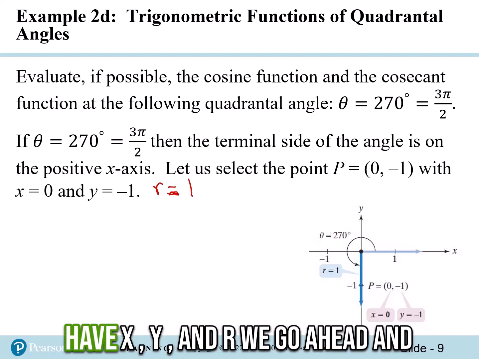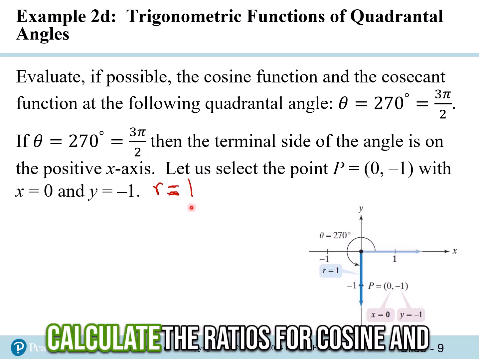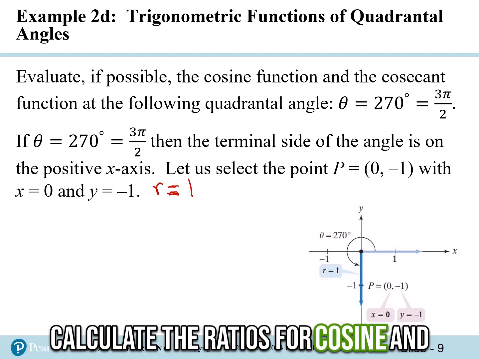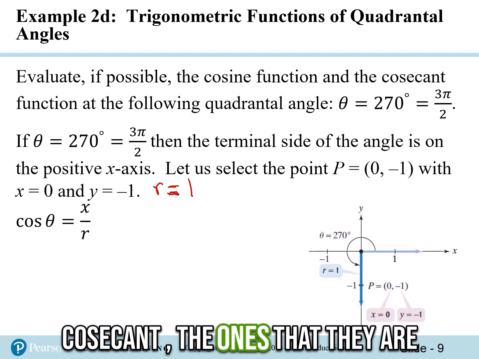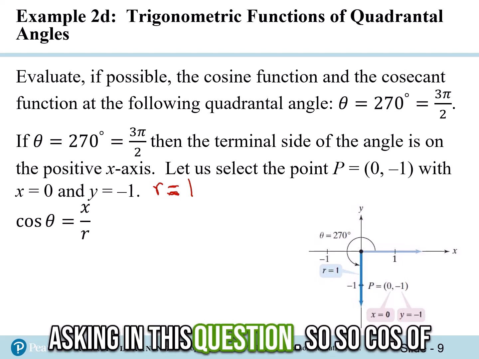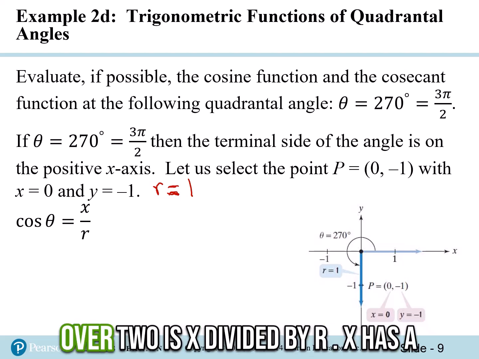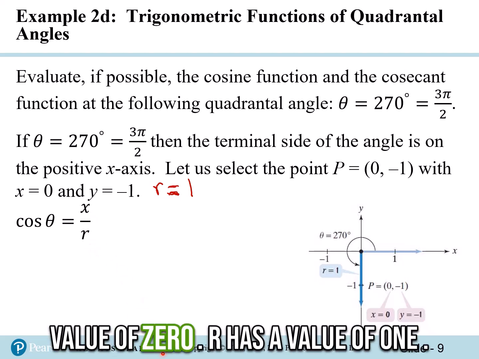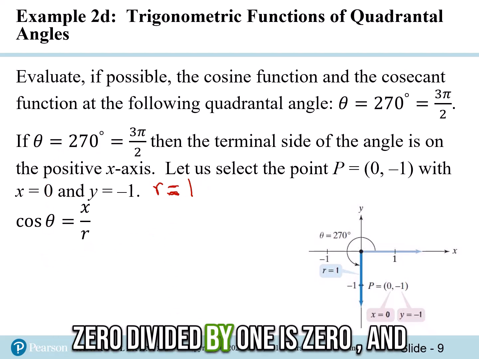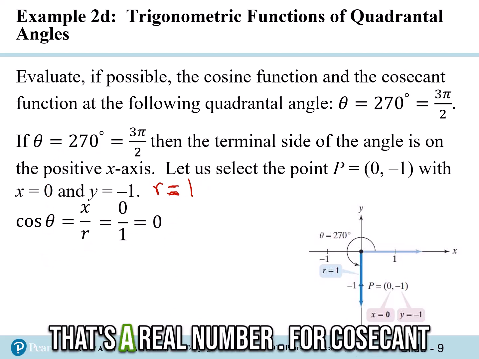So now that we have x, y, and r, we go ahead and calculate the ratios for cosine and cosecant, the ones that they are asking in this question. So cos of 270 degrees or 3 pi over 2 is x divided by r. x has a value of 0, r has a value of 1. 0 divided by 1 is 0. And that's a real number.